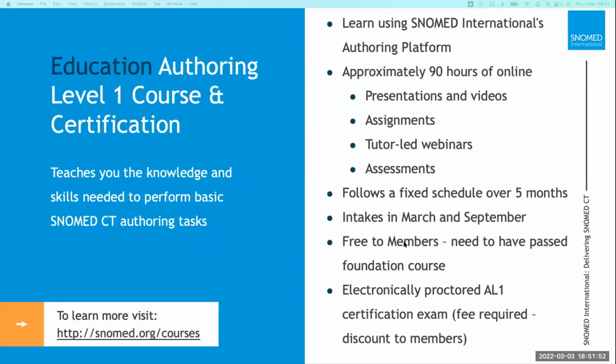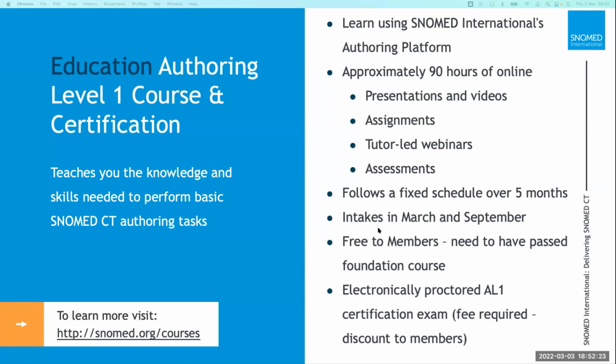And just to finally say that we have two education courses and certifications, one on authoring level 1, which is the starting point in terms of understanding authoring, which is about 90 hours of online learning over 5 months that start in March and September. We're now fully booked up for March, but the September one is filling up now.